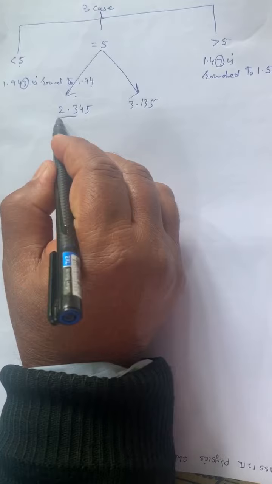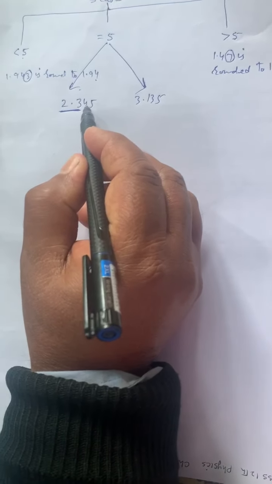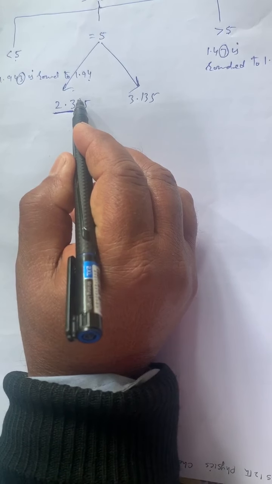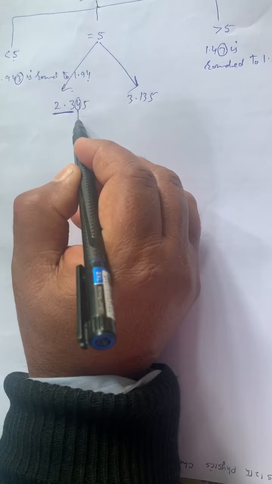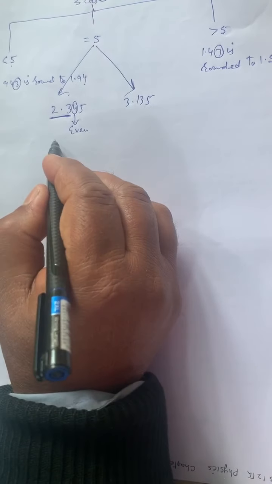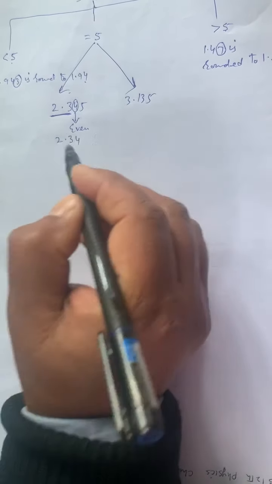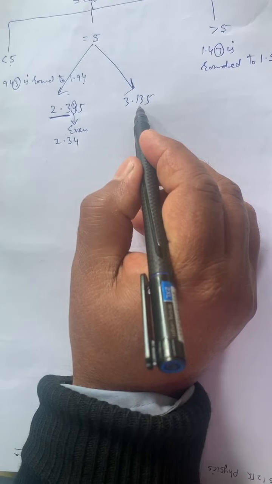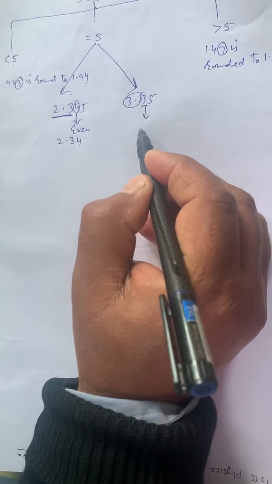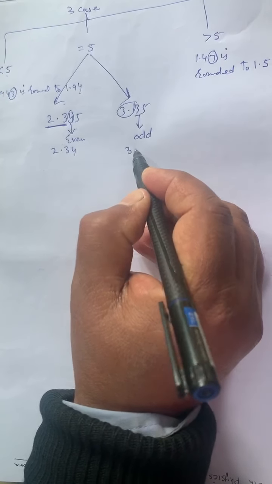If we have to round 2.345, if the digit before the dropped digit is even, then the rounded number is 2.34. If the digit before it is odd, as in 3.135, then we write 3.14.